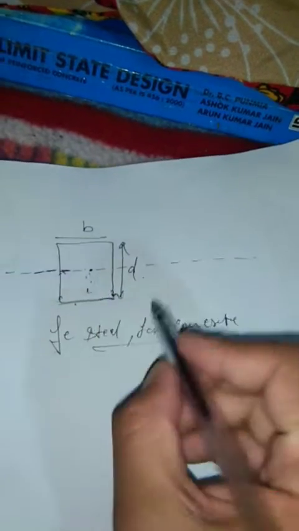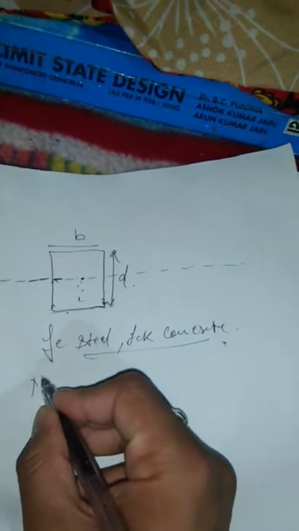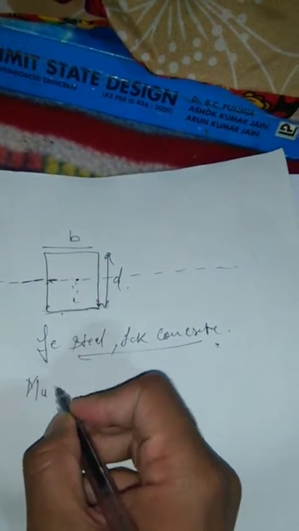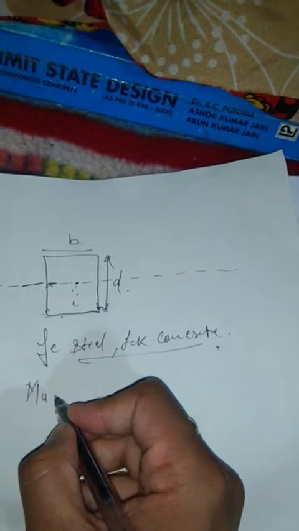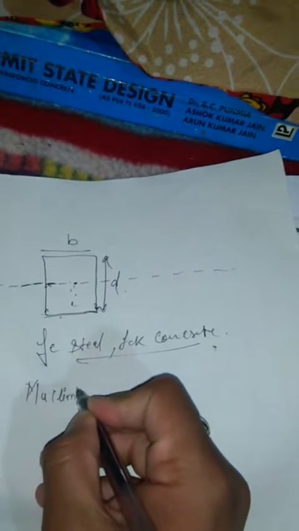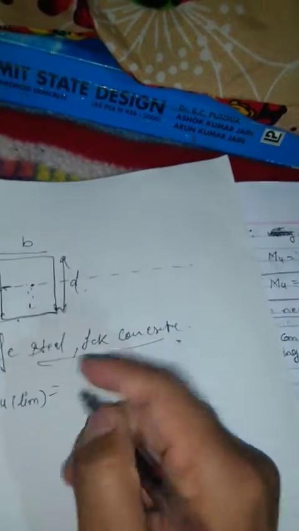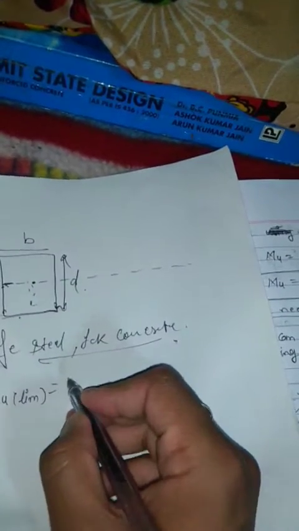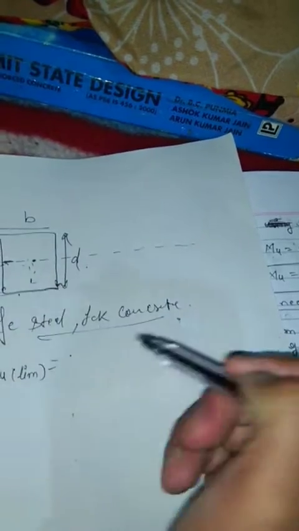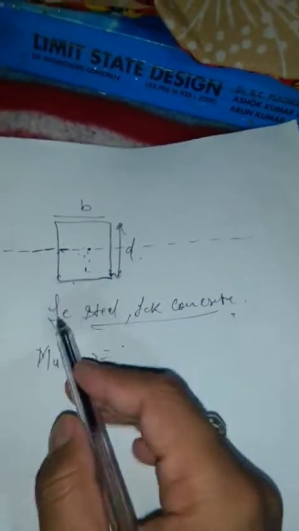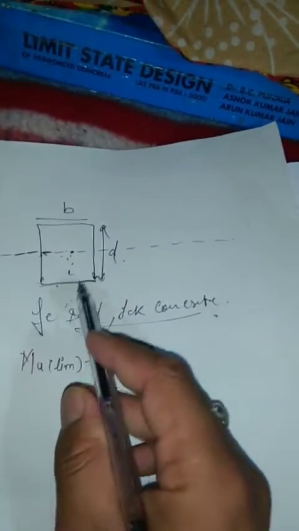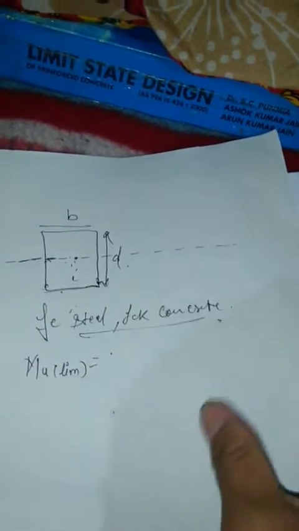Limiting moment of resistance varies for different steel. It is represented by Mu limiting, and its value is dependent upon the steel that we are going to use to build this cross section.